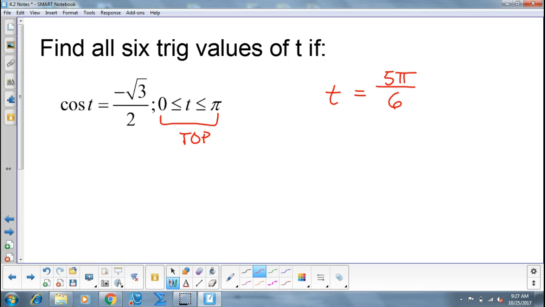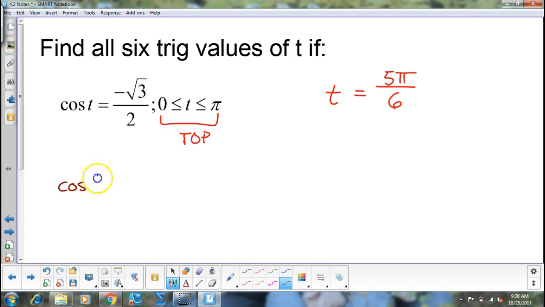Okay? So, we already have one of them. We already have the cosine. It was given to us as the negative square root of 3 over 2. Which means then I can find what right away? Even easier than finding the sine. I can find the secant right away.